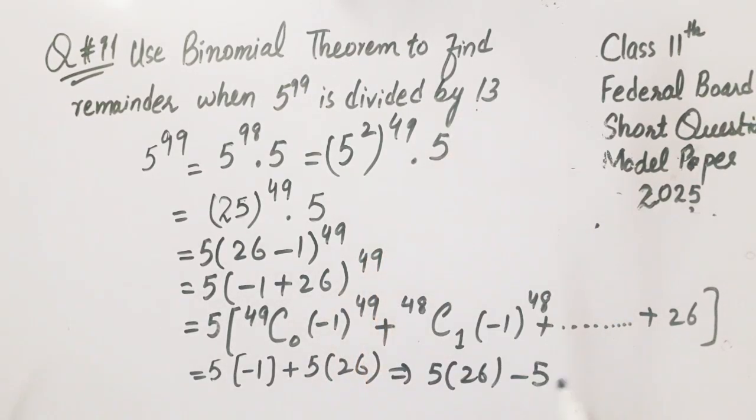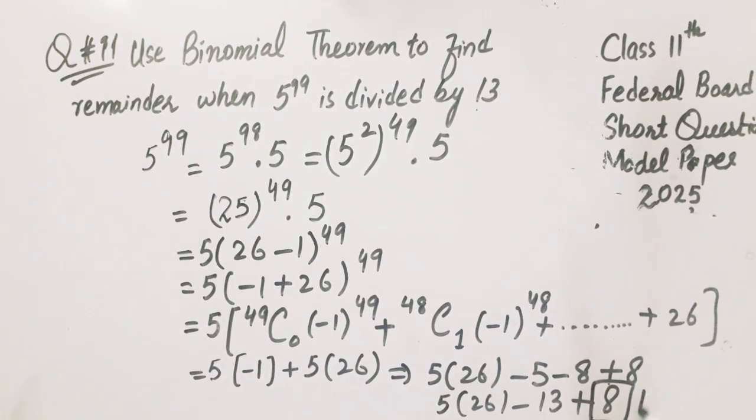To make minus 5 into 13, we will subtract 8 and add 8. So this is all divided by 13, and the remainder we will get is 5 into 26 minus 13 plus 8. These terms can be divided by 13, so the remainder is 8.